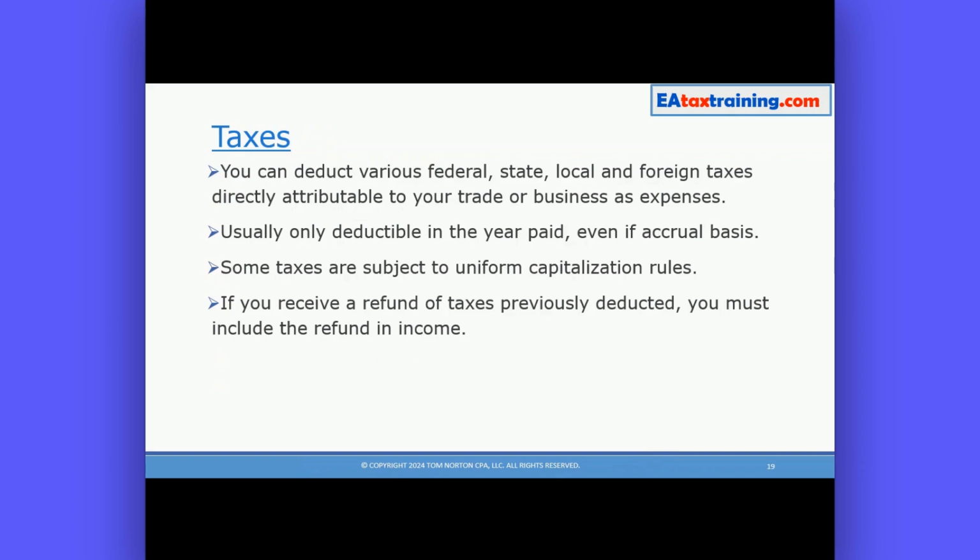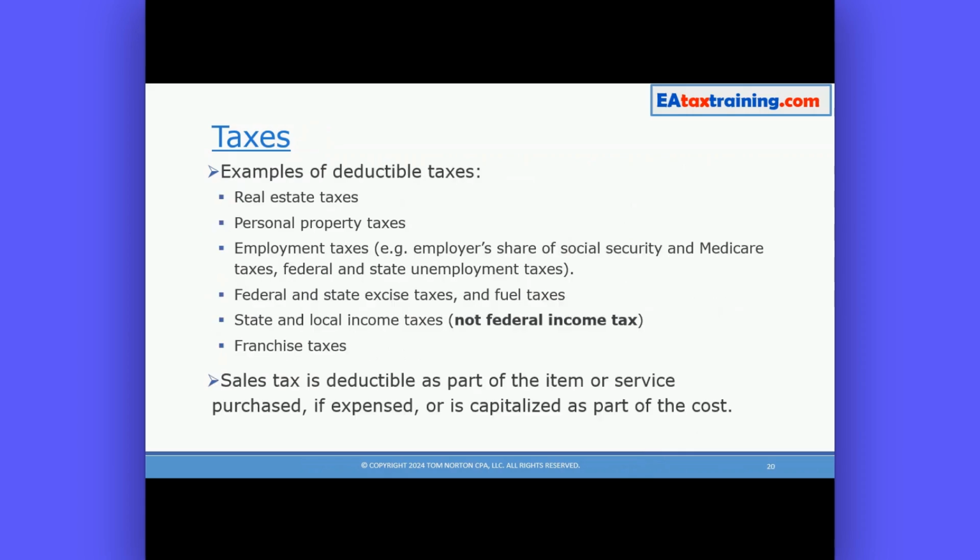So for taxes, even if you say, well, I accrued the tax this year, even though I didn't pay it until next year, normally that would be an expense. But for tax purposes, you cannot deduct it until you actually pay the taxes. Some of the taxes are subject to uniform capitalization. And if you receive a refund of taxes previously deducted, you must include the refund in income.